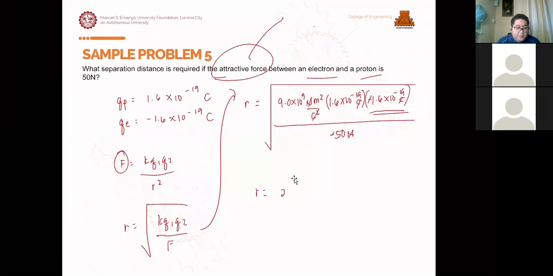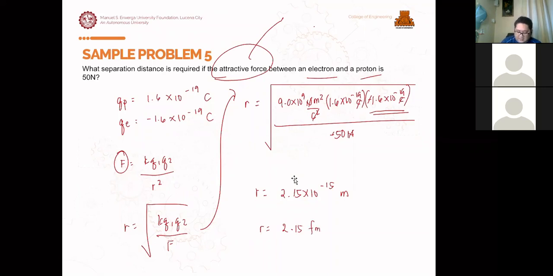Okay. 2.15 times 10 to the negative 15 meters. Ano yung 10 to the negative 15? So, sa hindi nakakaalam, ang equivalent niya ay, anong tawag sa kanya? Femto, no?